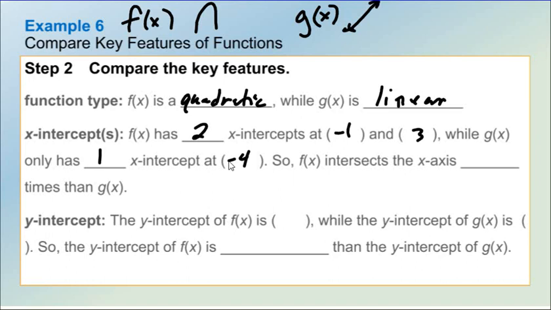So f of x intersects the x-axis one more time than g of x.